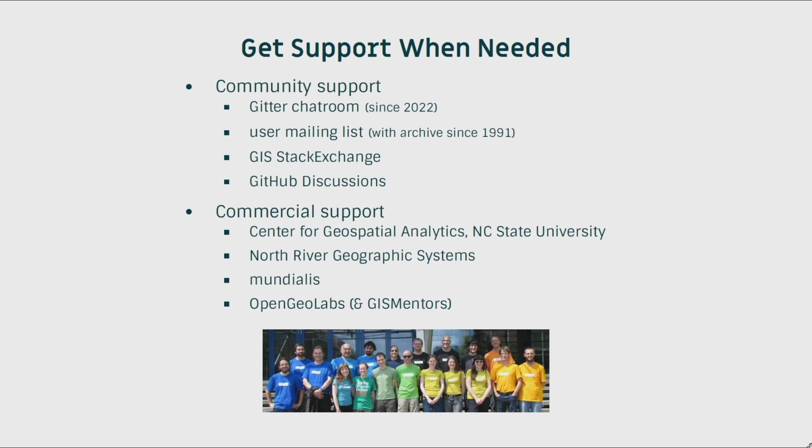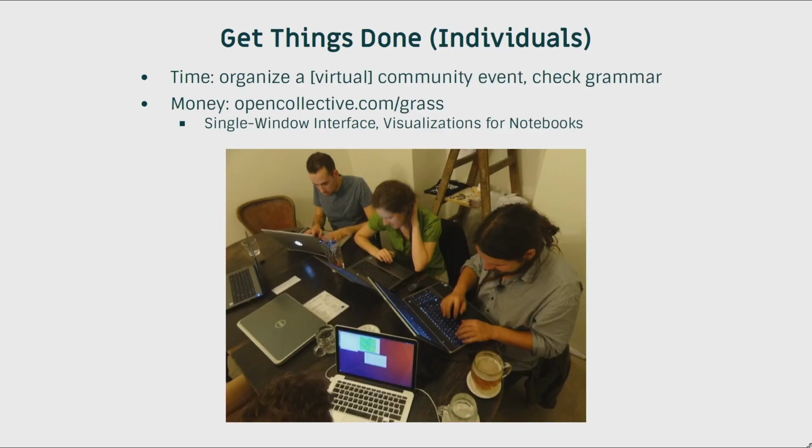That's probably one of the oldest mailing lists on the internet, with an archive going back to the date, not necessarily the oldest created. And then we are using the standard options like GIS Stack Exchange and discussions on GitHub. But there is also commercial support. And one of the places where you can get commercial support is the Center for Geospatial Analytics at NC State, where I work. And there are other options too.